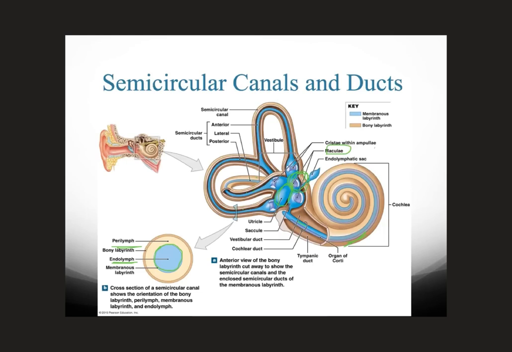And then we have one more structure, which is the saccule, which is this structure right over here. Okay, so the saccule, if you notice over here, is going to contain the macula. So just remember when we get to talk about these parts later on.